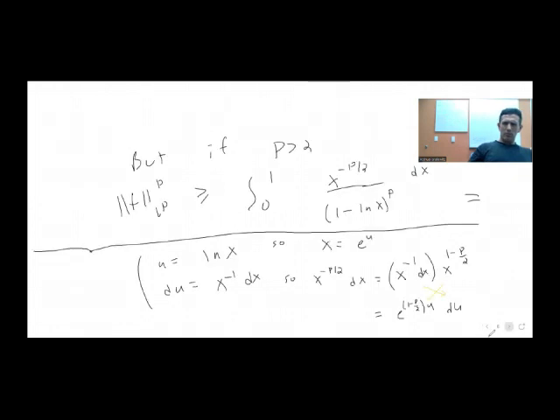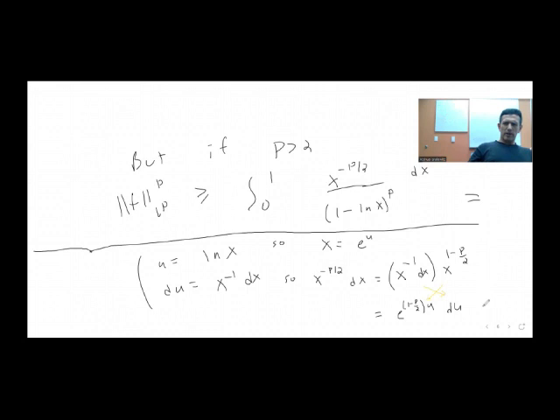So it's e to the 1 minus p over 2 u over 1 minus u, to the p.